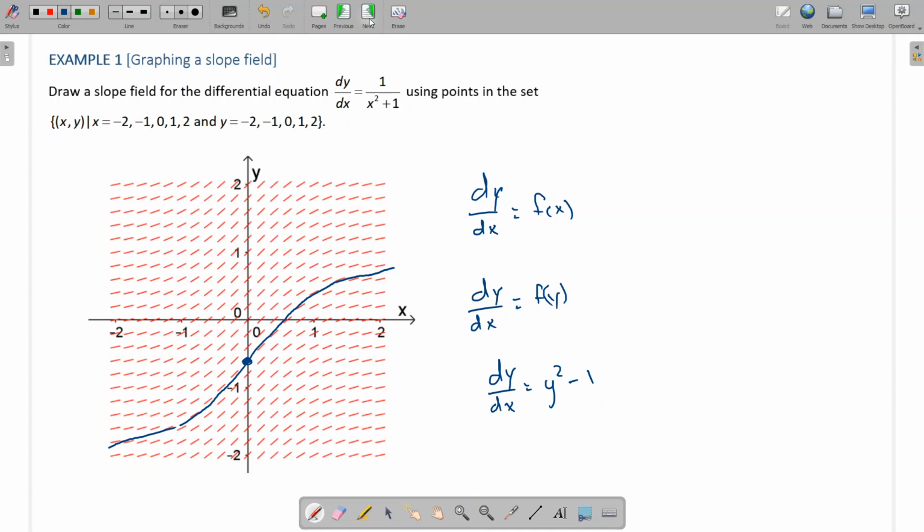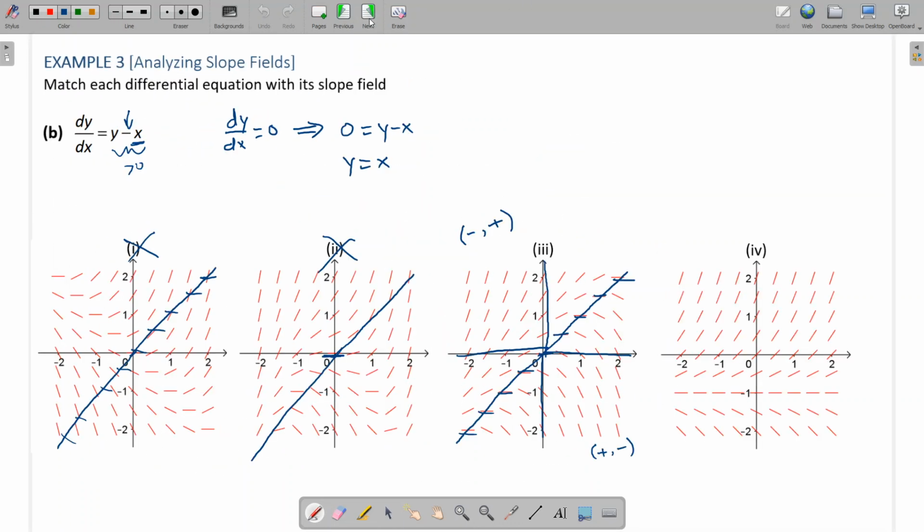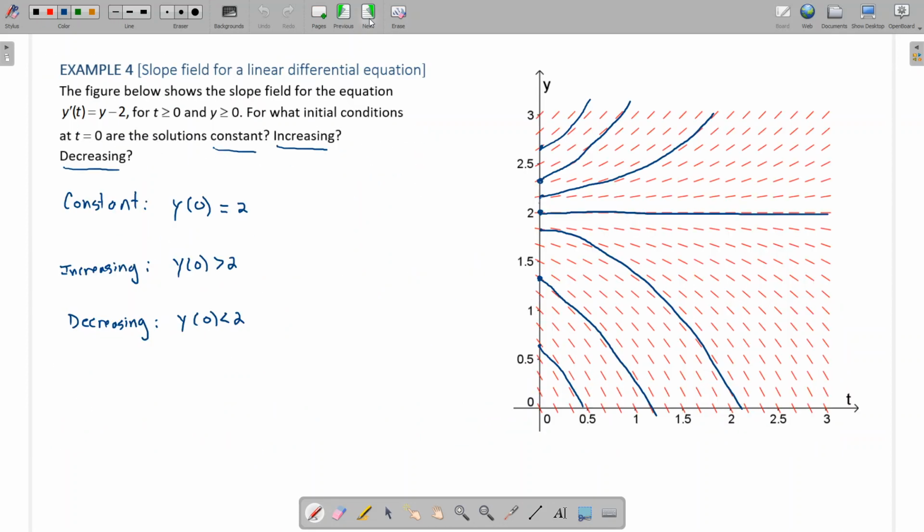Actually, this was a perfect example of what we were just talking about. dy/dt equals y minus 2. There's no t over here, right? Whatever's in the denominator of your derivative is not expressed on the right-hand side. And so it means that the x-coordinate doesn't matter.